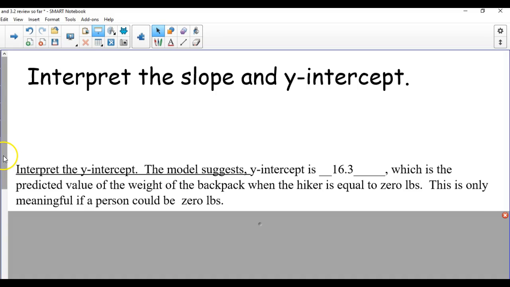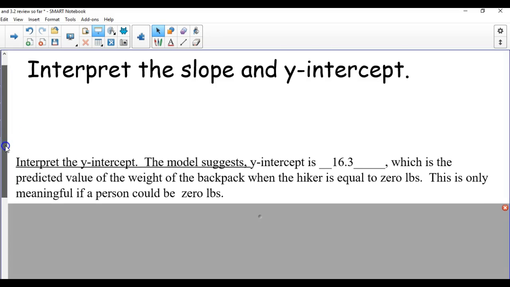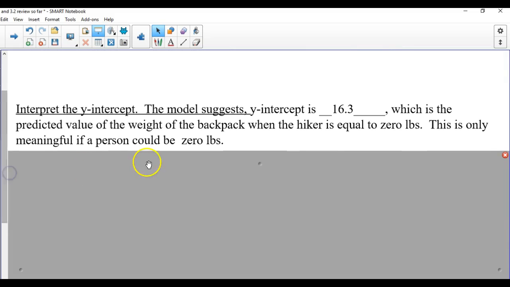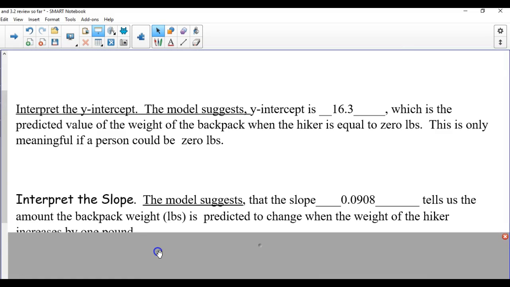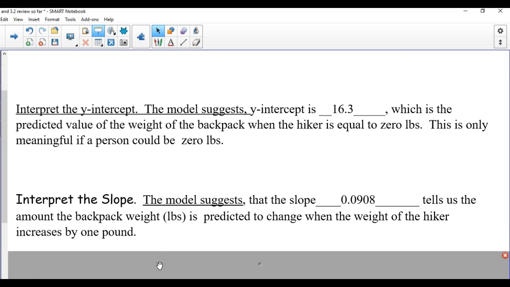Now, the slope always is your rise over run, okay? As I'm running across that x-axis by 1 unit, how much am I going up or down in that y-axis? And now you just need to use statistical language. The model suggests that the slope, 0.09, sorry, I have that down wrong here. We'll just say 0.09 at this point, because I can't erase it.